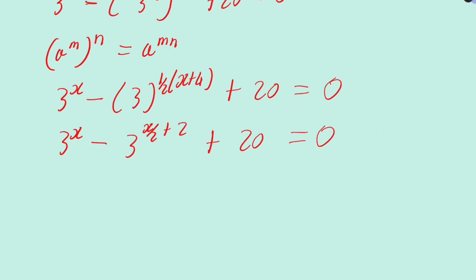But now remember again from the exponential rule, looking at this equation, what does the exponential rule say? It says a to the power m plus n is the same as a to the power m times a to the power n.